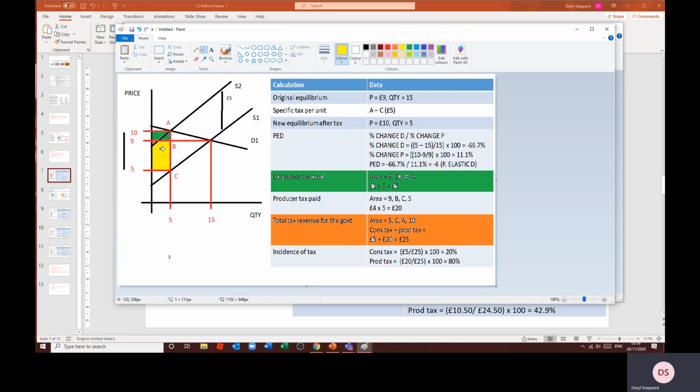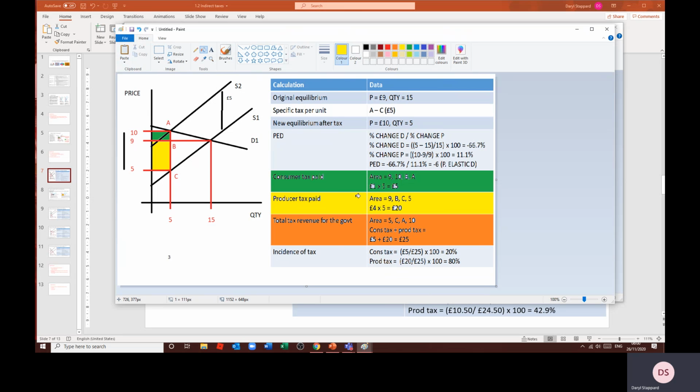But the producer is paying the remaining amount. Now this time this is quite significant. They will pay £4 per unit, so the difference, the remaining amount, multiplied by the 5 units of output that are bought and sold in this marketplace. So hopefully what you notice this time then, that the tax paid in total, the incidence will mainly fall with the producer.